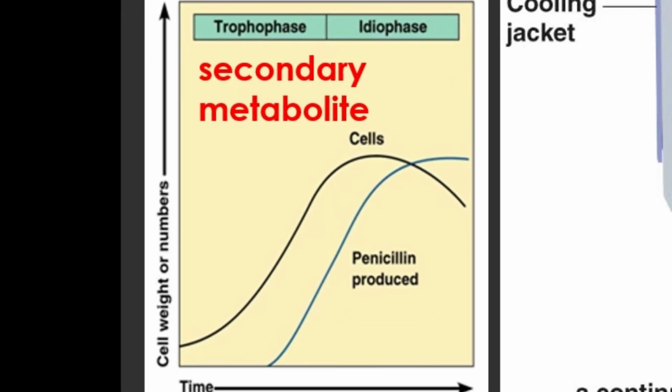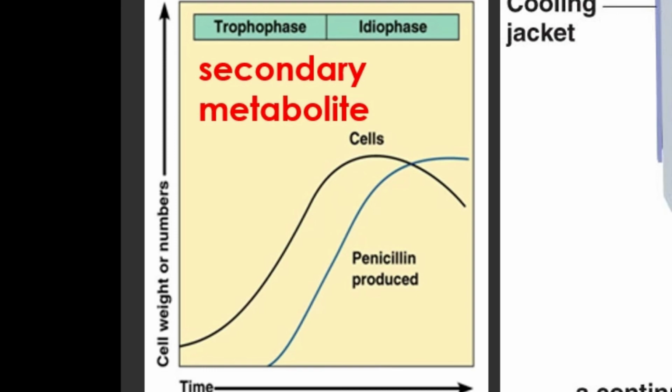So they don't need to produce penicillin until it gets crowded. So they use those interspecies chemical cues and intraspecies chemical cues from around them. And when those chemical cues get to a high enough concentration, they realize that the cell density is high enough that they need to start killing off the competition. And so they produce penicillin only during idiophase.